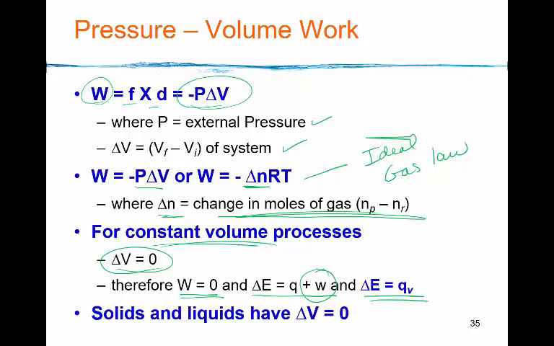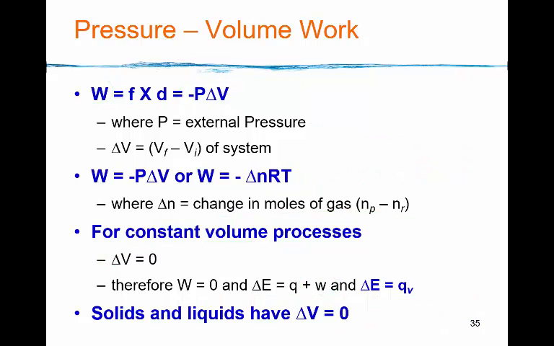Solids and liquids have a delta V of 0 because they are not compressible. Okay, but if you recall, our gases are compressible. So our gases will change volume when we push on them like that.